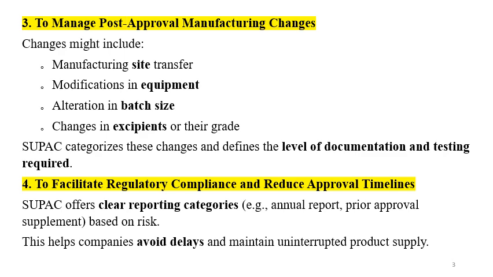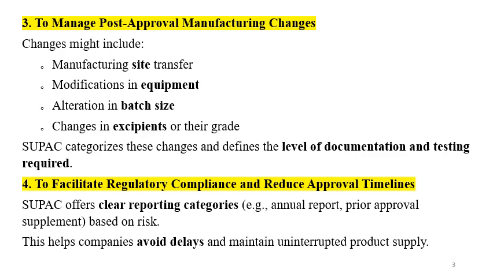Fourth reason is to facilitate the regulatory compliance and reduce the approval timelines. So the SUPAC framework offers clear reporting categories in which the changes and the results are required to be noted and conveyed to the agency.